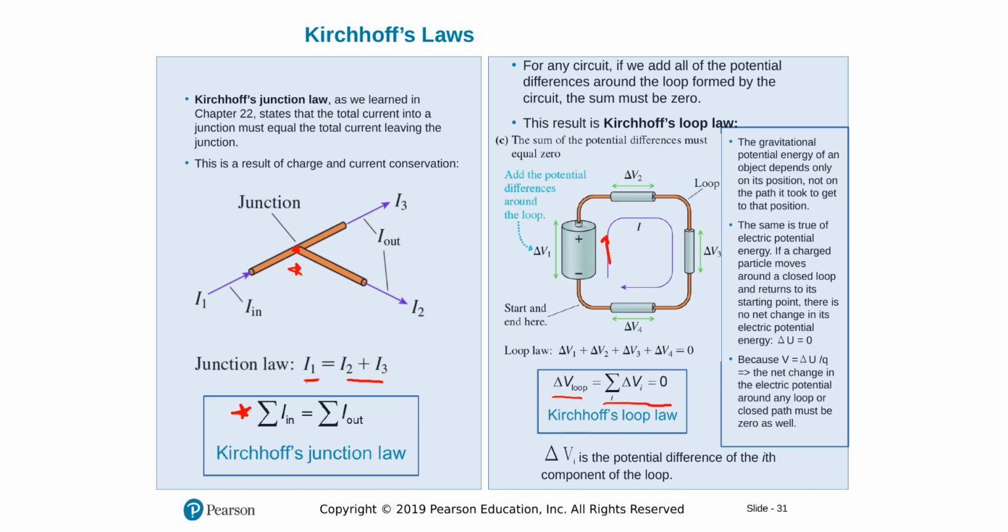As we walk along our loop, we will be adding all the potential differences we see all around this loop. And if I have a battery along my way and I am walking towards this positive side, I take that as a positive potential difference, so delta V1 here will be positive.